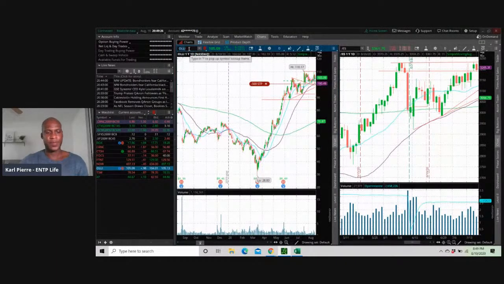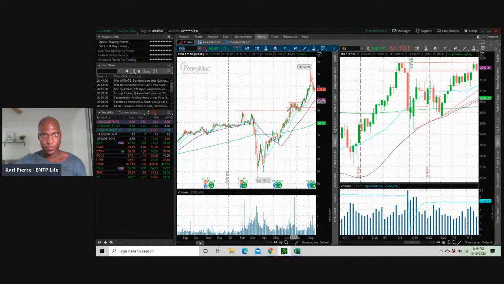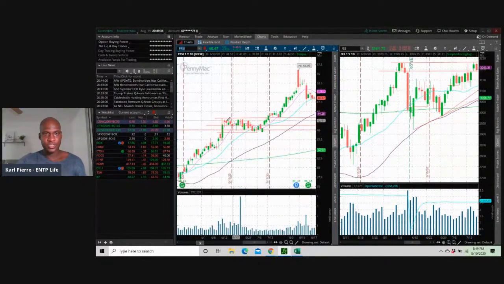Okay, let me show you something else. PFSI. So here, this stock, which I traded a few weeks back and made some money on this move over here, I got involved down here on support and benefited from this breakout, okay? Now, this was showing clear resistance at this level here, that I drew in.